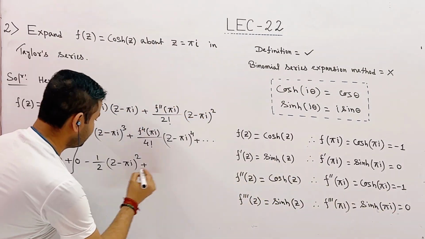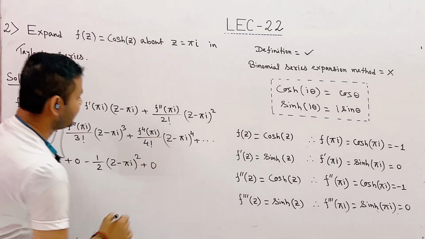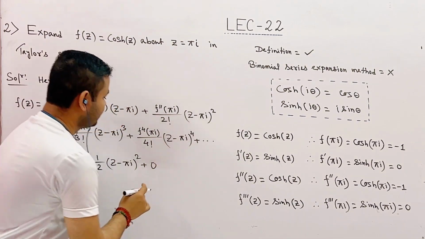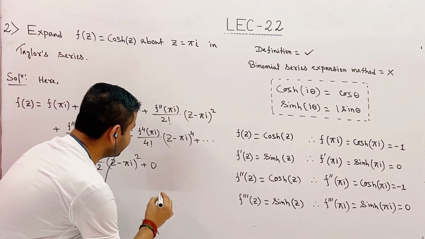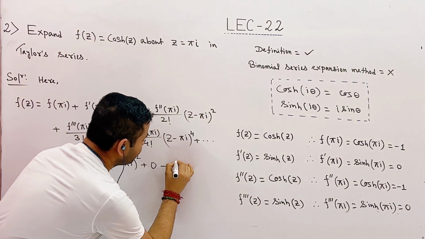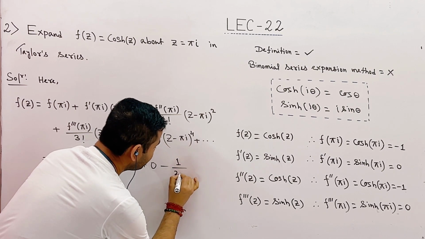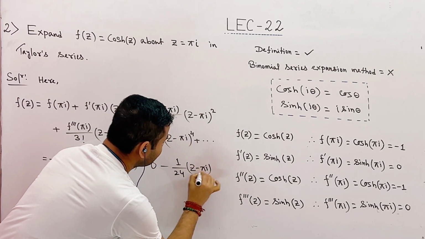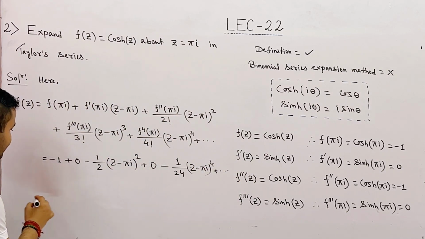So the value of this term will be 0. Again f to the power 4 pi iota value will be minus 1. Minus 1 divided by 4 factorial. 4 factorial value is 24. So the value of this term will be 1 by 24 z minus pi iota whole to the power 4 plus dot dot dot.